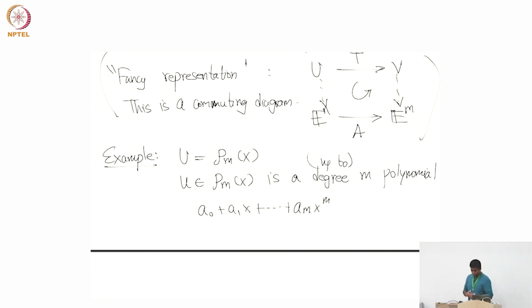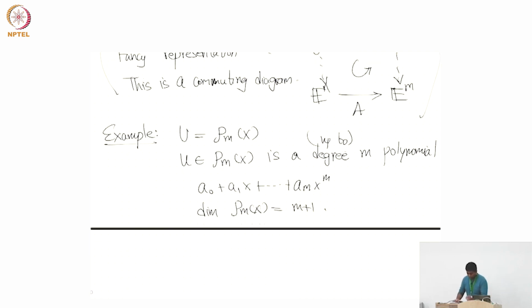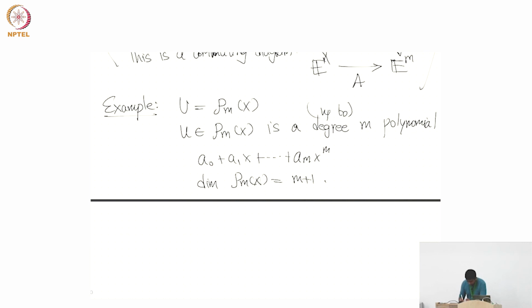We already saw that this is a finite dimensional vector space. The dimension of P_m(x) is m plus 1. You could say equivalently, u can be described by the m plus 1 coefficients.